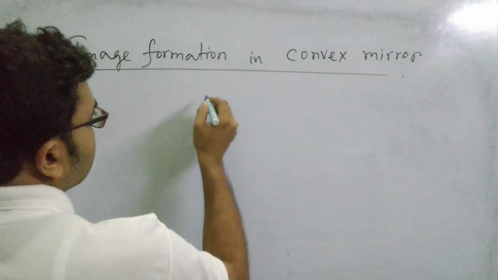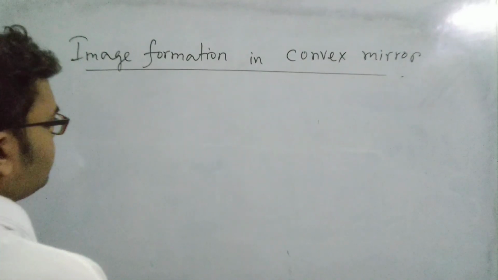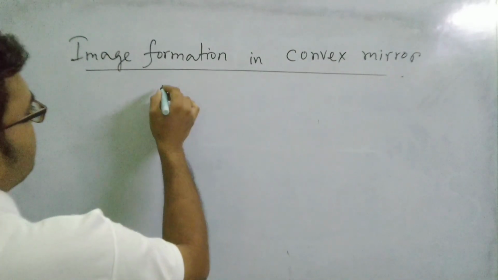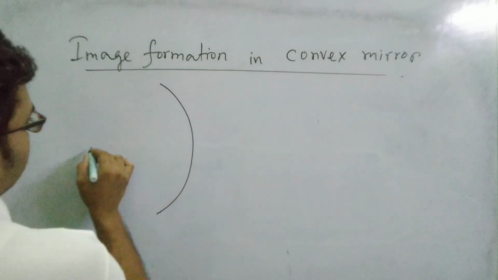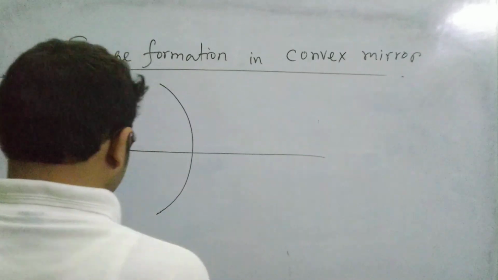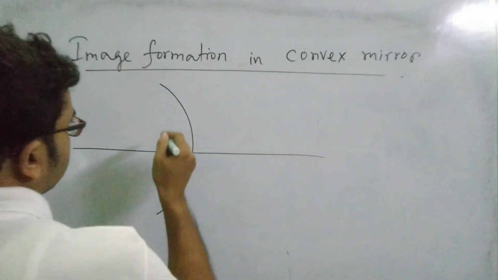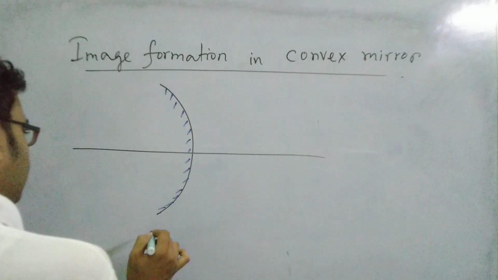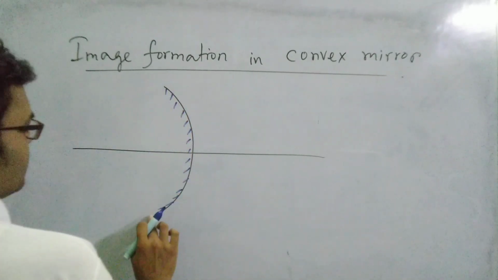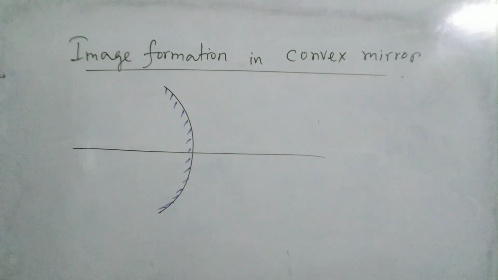For a convex mirror, we know that the inner surface is silvered while the outer surface acts as the reflecting surface. So if we take the inner surface as silvered, then the outer surface acts as the reflecting surface, and hence this is the diagram for a convex mirror.